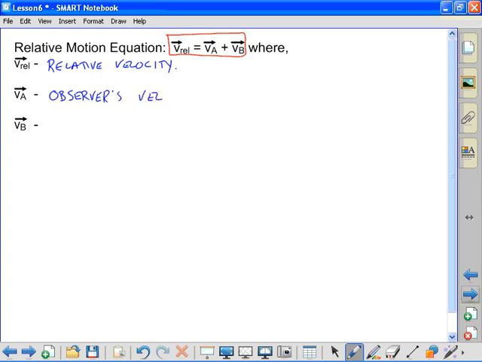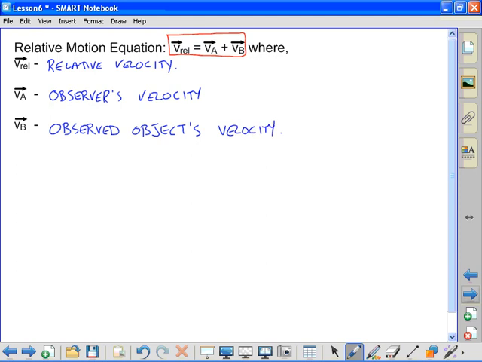That would be you in the car, you on the bus, you on the side of the road. And VB then is the observed object's velocity, so whatever you're watching, whatever you're paying attention to at that time.